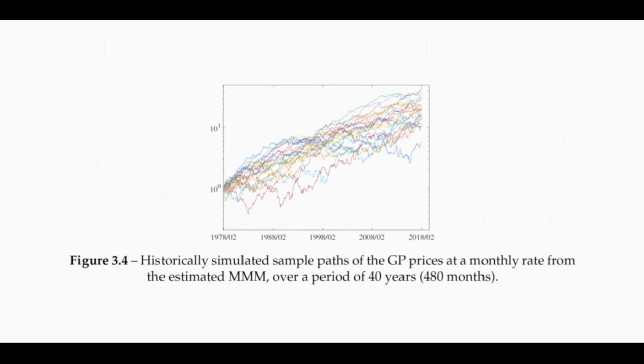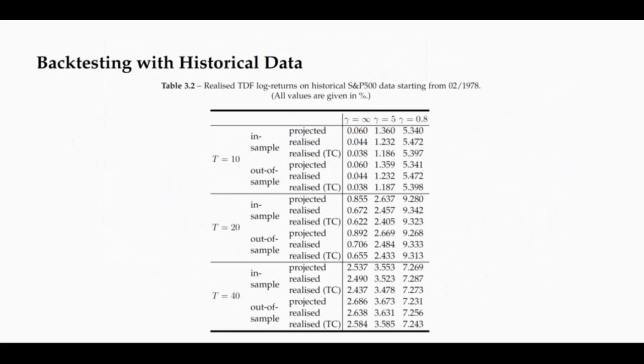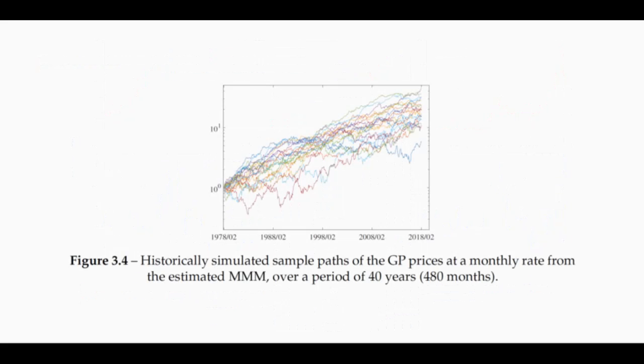So next we look at some historical simulations. We previously looked at historical backtests with a single realized path. Now we are considering historical simulations, where we have simulated, based on the realized path, a number of sample paths by essentially resampling the realized risk factors, and generated a collection of sample paths.